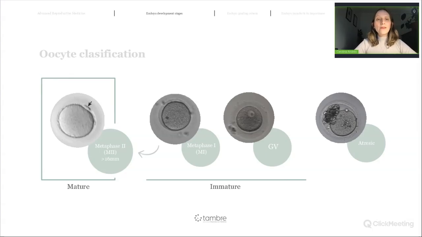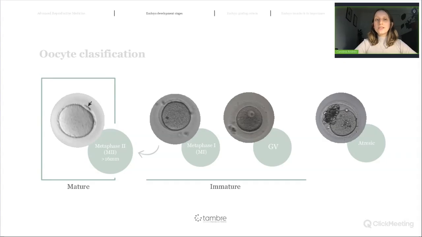Then we can also find other kinds of oocytes. Immature oocytes can be found in two different stages: metaphase 1 oocytes or germinal vesicles. It's important to highlight that metaphase 1 oocytes are susceptible to maturation, which means that after the stripping procedure, while we prepare for the microinjection, some oocytes might mature in vitro and turn into metaphase 2.